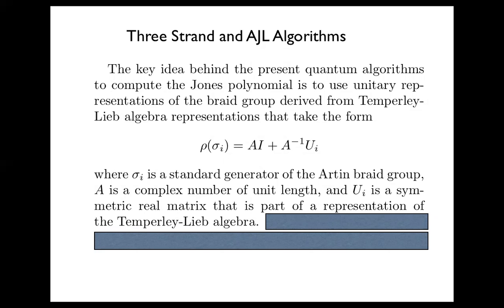And that indeed is the inverse in this representation of the rho. So we can obtain a unitary representation of the Temperley-Lieb algebra by using, for the bracket A, a unit complex number, and getting the U_i adjusted so that it satisfies the Temperley-Lieb relations and is real symmetric. So that's what we want to do.